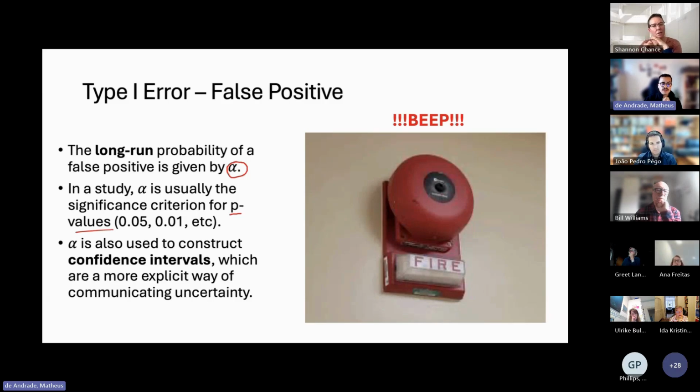But the important thing is that alpha can also be used to construct something called confidence intervals. So now we're going to take a look at an example of reporting confidence intervals, and we're going to look at someone reporting the same result in two different ways, but it's the very same result and it is the very same study.